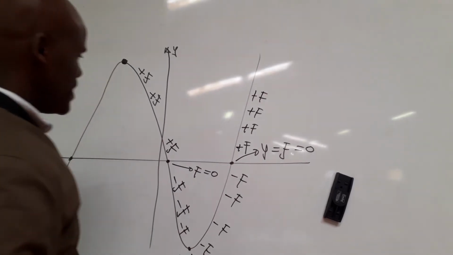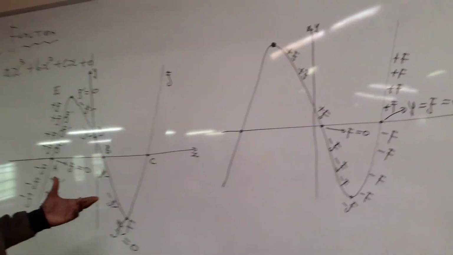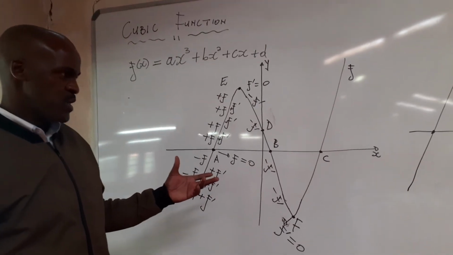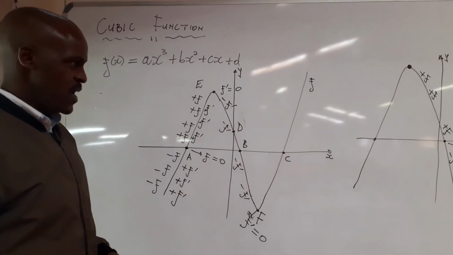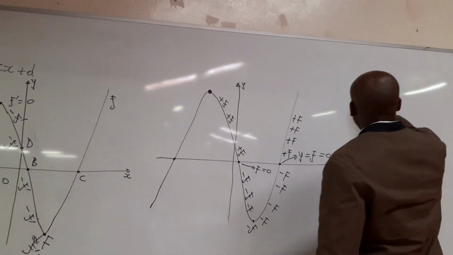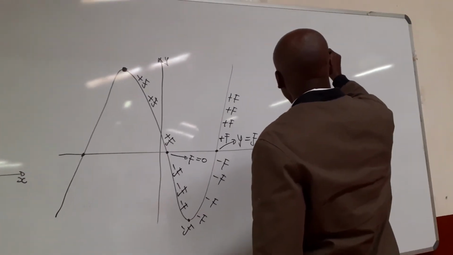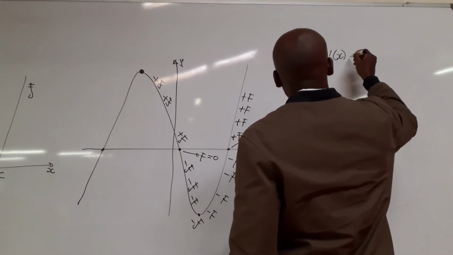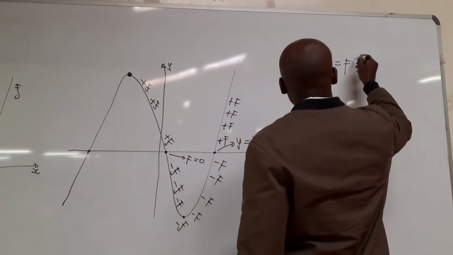So why am I indicating all these signs? It's because you might find a question that will ask you to multiply the value of the gradient times the value of y.